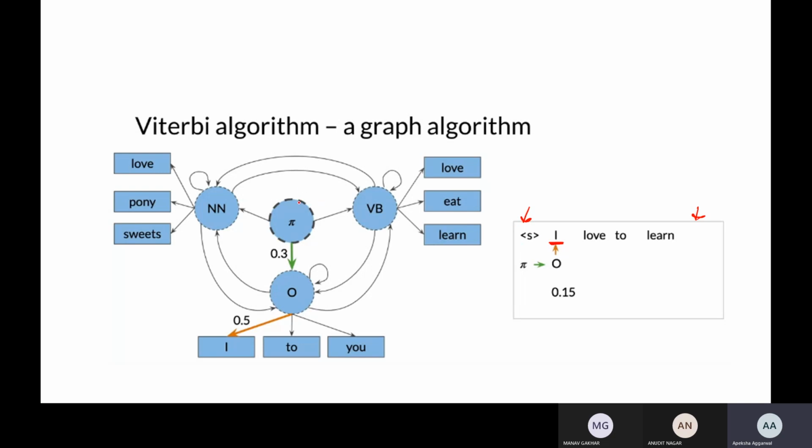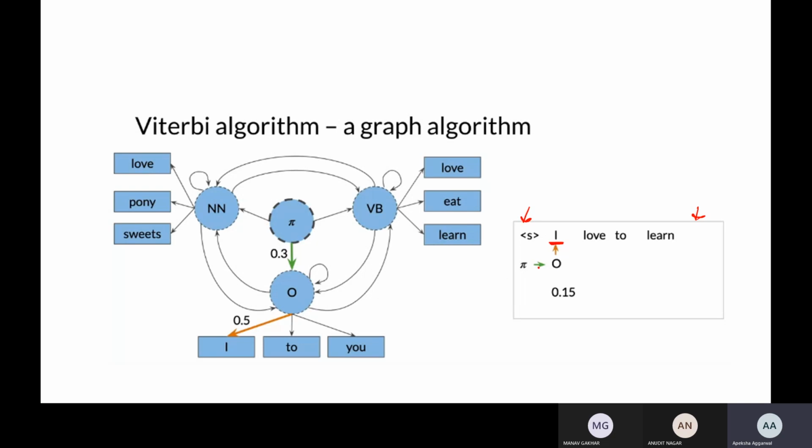Because I was appearing over here, I will first check the transition from pi to that state, and then I would check the emission value in the emission matrix given that the word is appearing in a particular state.